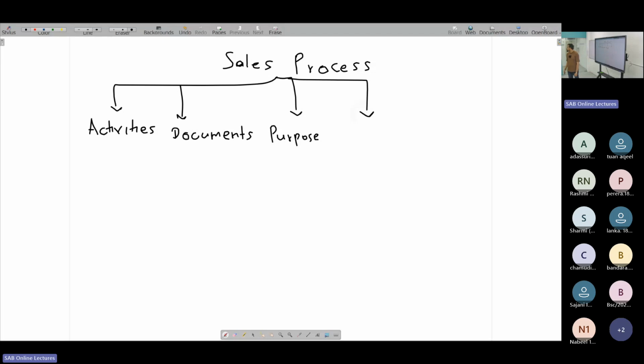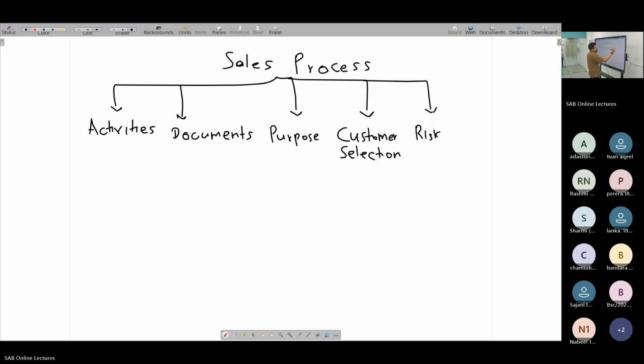Customer selection, risk, and finally internal controls.